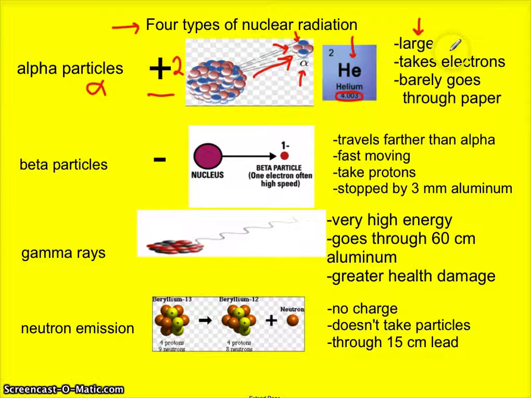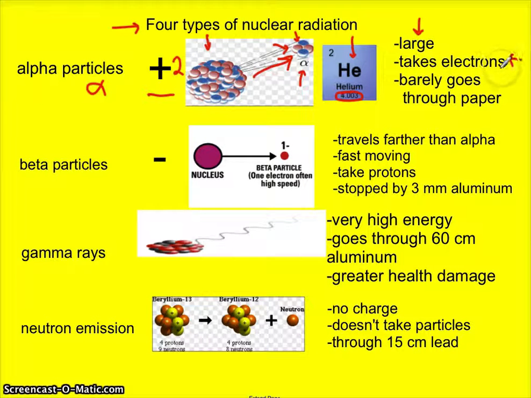But what they do, if they are able to go through anything, is take electrons from whatever they go through. I mean, you've got something with a positive charge. Ions with a positive charge tend to want to take on electrons. So that's exactly what it does. So what can happen is you can literally have one element that's changed into two, and then this helium that is shooting out can change other elements because it's taking electrons.